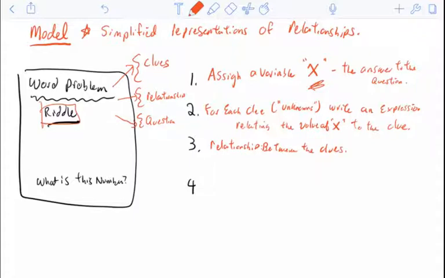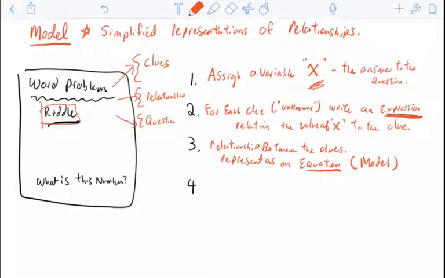You want to represent this as an equation. In other words, we're setting some expressions equal to each other. We call this representation of the relationship between these clues the model.